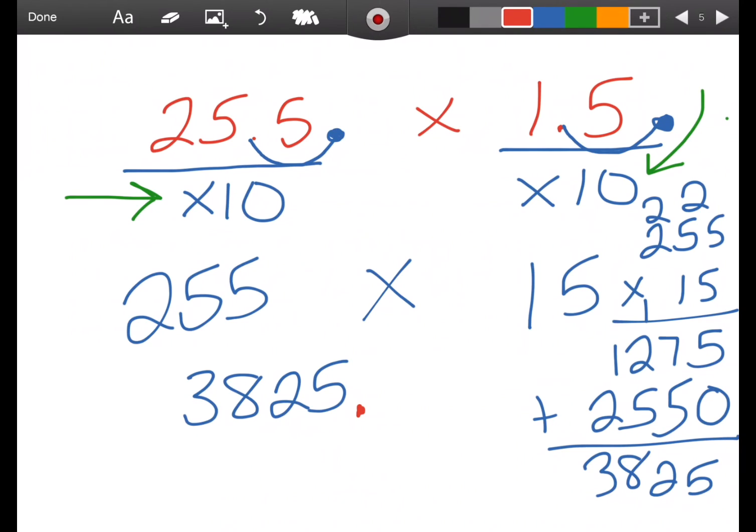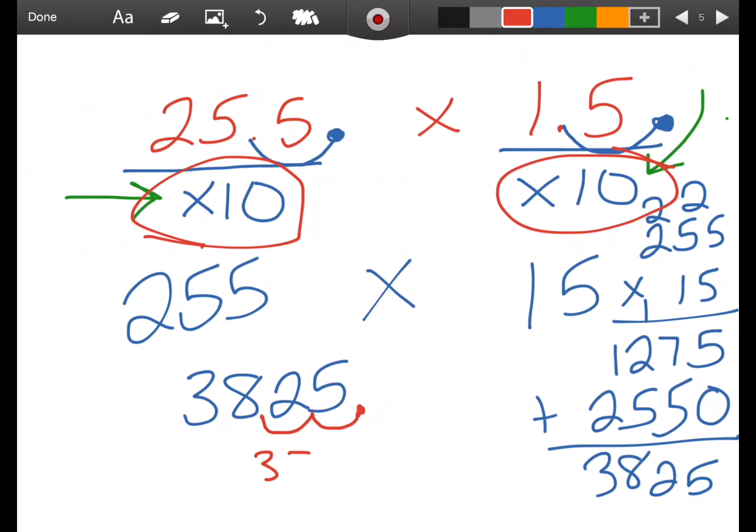And remember, when I divide by 100, that's the same as dividing by 10 twice. I'm dividing by 10 because I did this, and I'm dividing by 10 again because I did this. So I'm going to move my decimal back 1, 2 times, and I will get 38 and 25 hundredths.